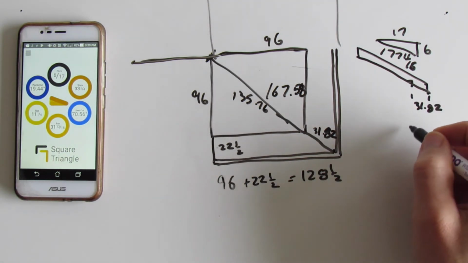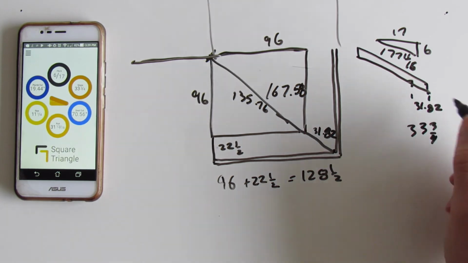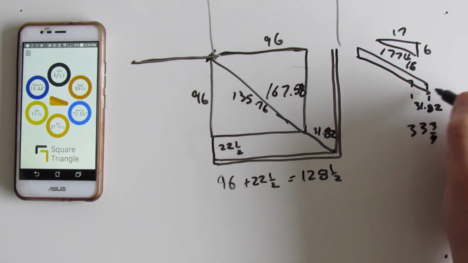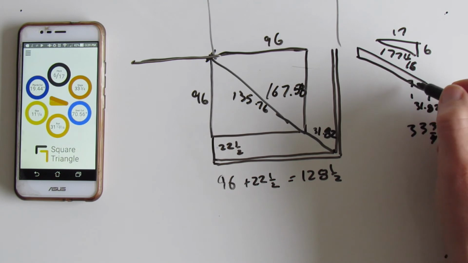So then we would measure up 33 3/4 from the tip of the bottom of the tail, where you would cut your bird's mouth. So then this bird's mouth would be 4 inches on the diagonal.